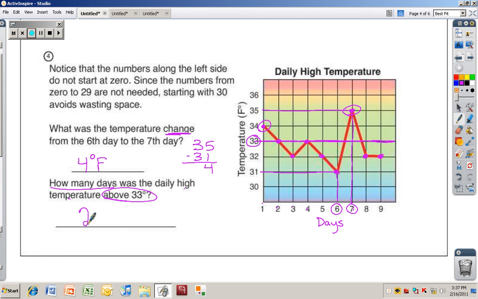So the correct answer is 2 days. There are 2 days, and make sure you get that label right. It's not 2 degrees or anything like that. It's the number of days that it was above 33 degrees. If you put the answer 4, then you chose the days that it was exactly 33 degrees, that's not above 33 degrees.